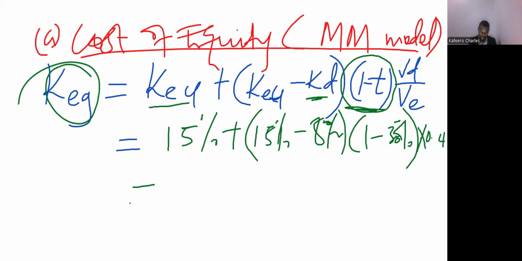So when they give you debt to equity, the other thing that I need to explain is that they gave us 0.4. If you multiply by 100, you make it a percentage. The implication here is simple.